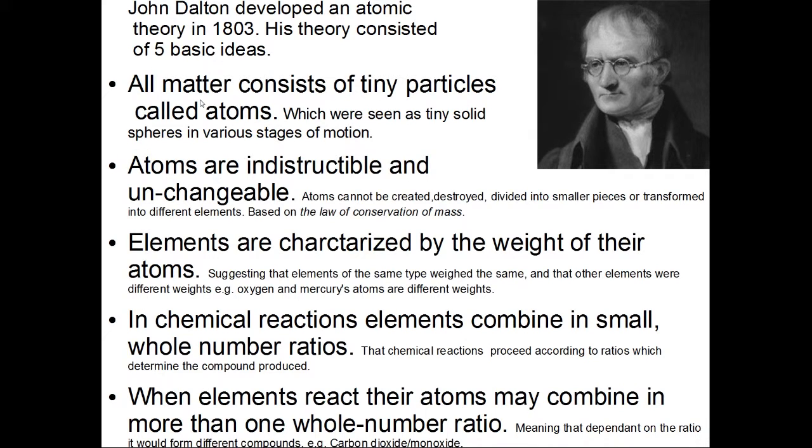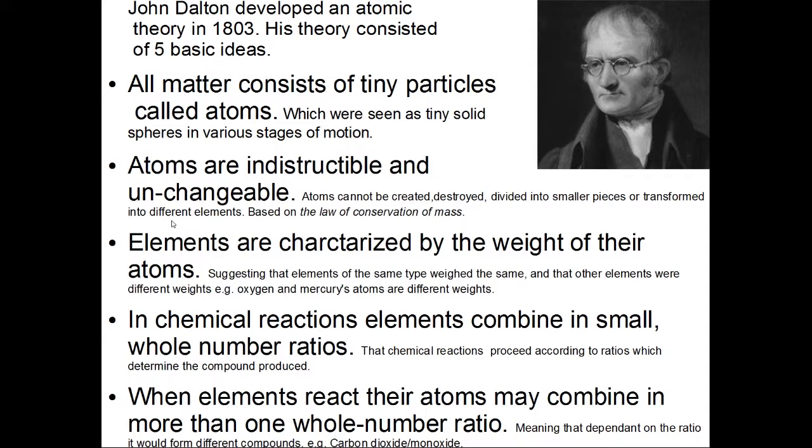All matter consists of tiny particles called atoms, which were seen as tiny solid little spheres in various stages of motion, so they were moving around the whole time. A solid has very, very slow movement, and a gas, fast movement. And he thought that atoms were indestructible and unchangeable, so I suppose you couldn't turn lead into gold.